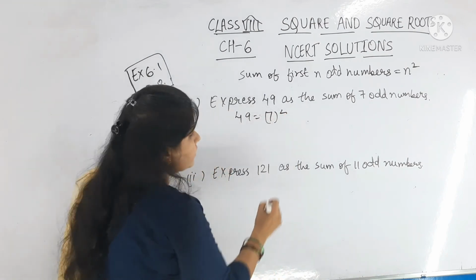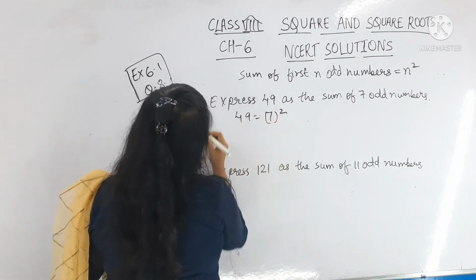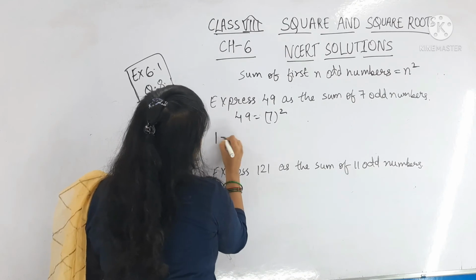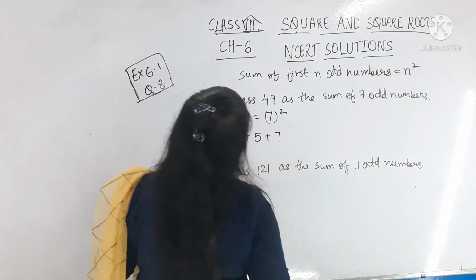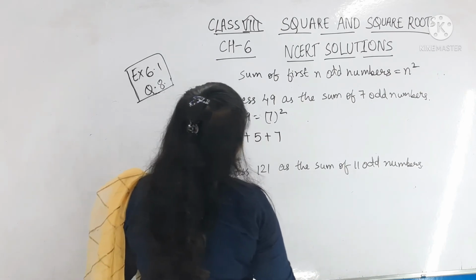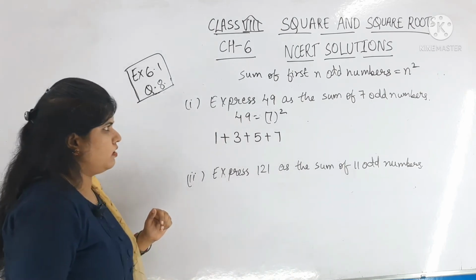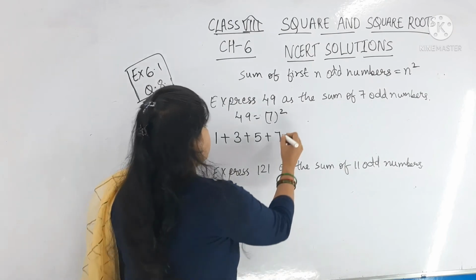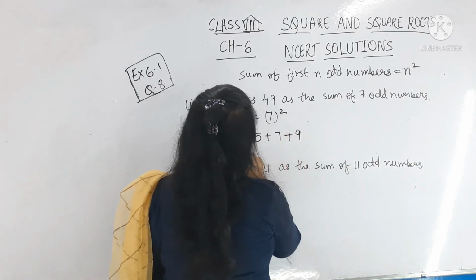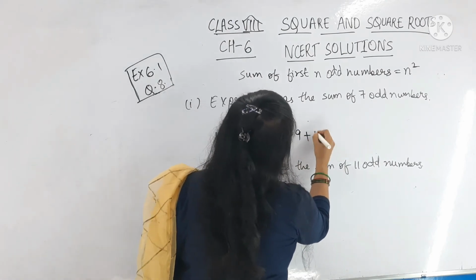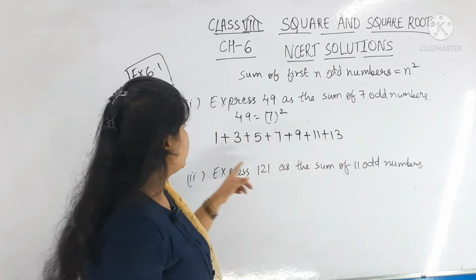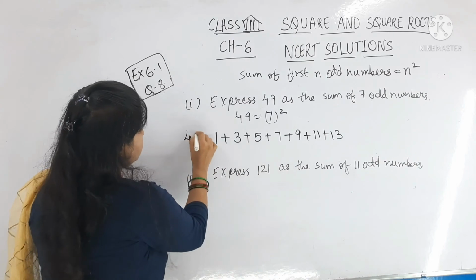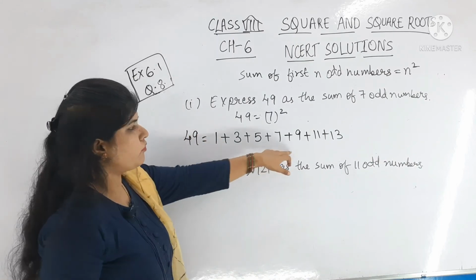What are the first 7 odd numbers? 1 plus 3 plus 5 plus 7 plus 9 plus 11, and 13 is the 7th odd number. So you can express 49 as the sum of 7 odd numbers.